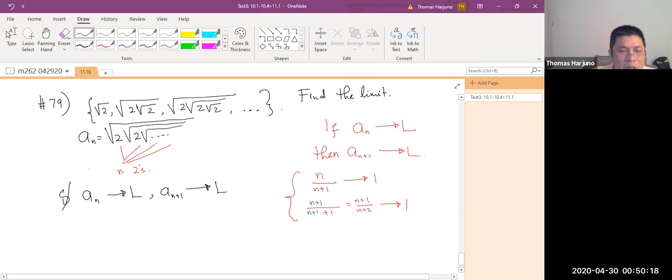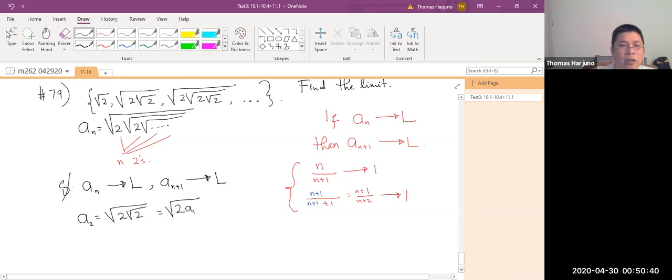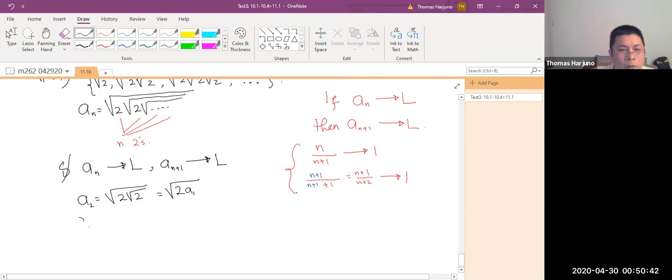Now, notice that A sub 2, the second term, is the square root of 2 times square root of 2, which I can write as square root of 2 times A sub 1. In fact, the 10th term is square root of 2 times the 9th term.